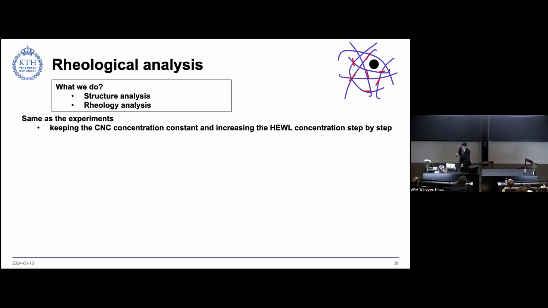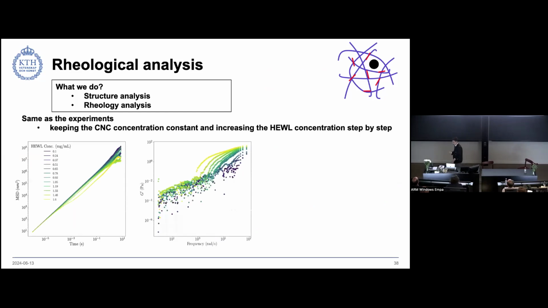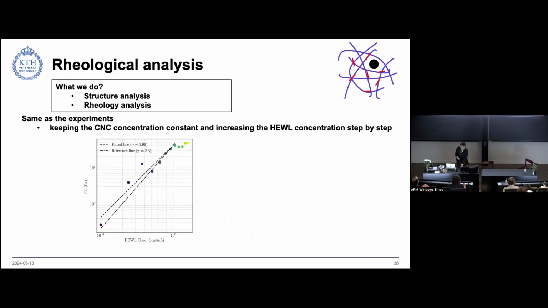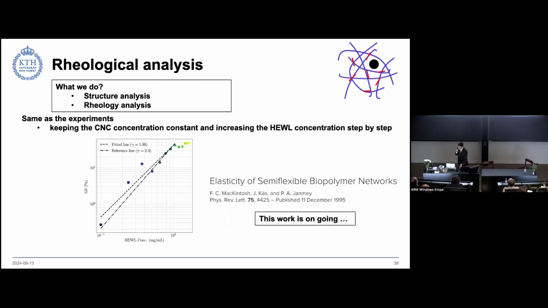And besides the structural analysis, we did some rheological analysis. Again, I added a nanoparticle into the system, comparable to the mesh size of the system, to see how it diffuses, get the trajectory and do the macrorheology. We got the G prime, estimated the G0 amount and compared it with some published results that you can find in the literature.